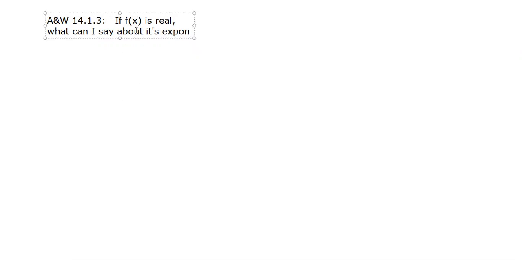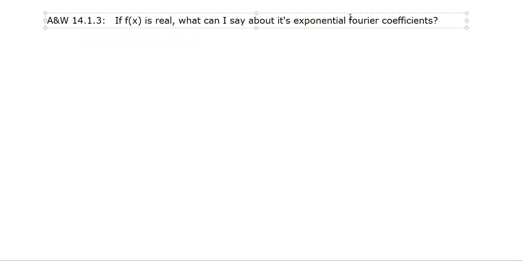Let's get this out of the way, which is to say the c sub n. And you can go pretty far with this, to be honest, if you really wanted to get down on Euler's formula.